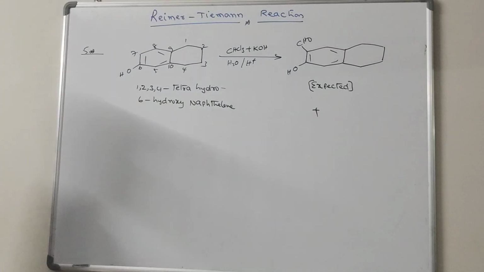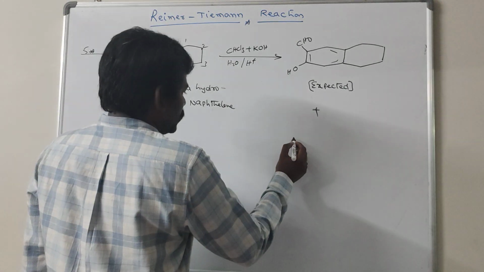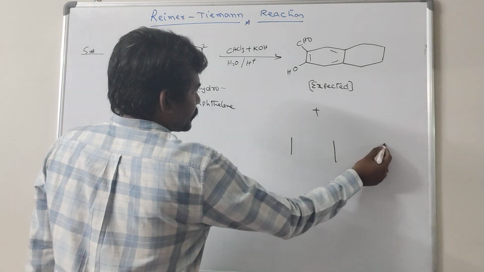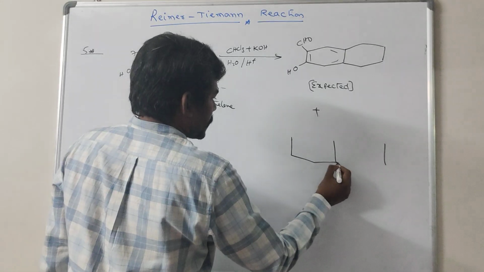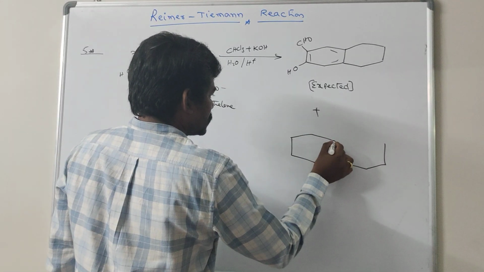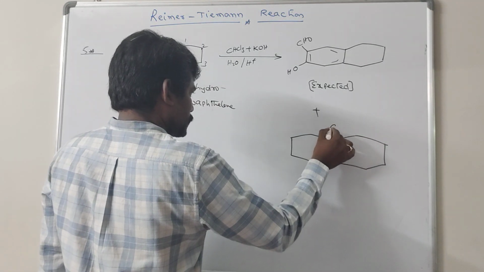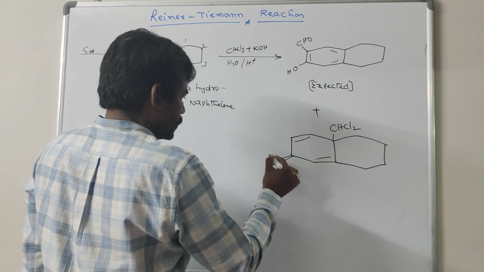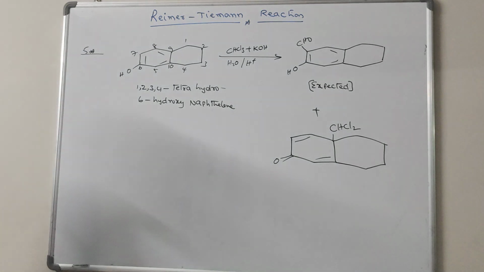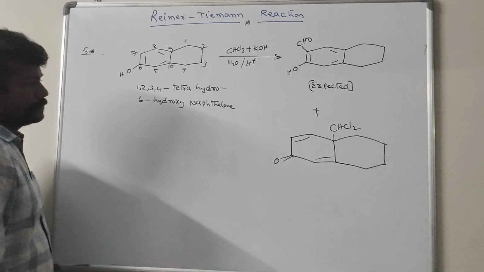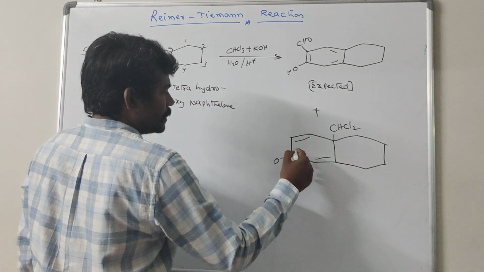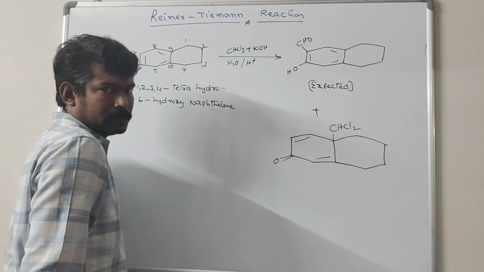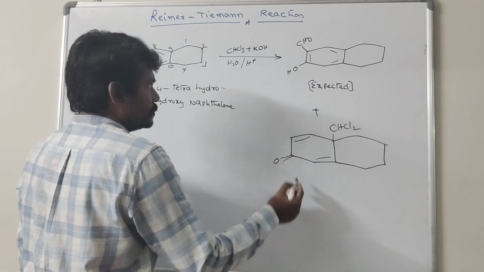But one more compound formation is there, that is the unexpected compound, dienone, with CHCl2 on the carbon. This is a dichloromethyl ketone, dienone.